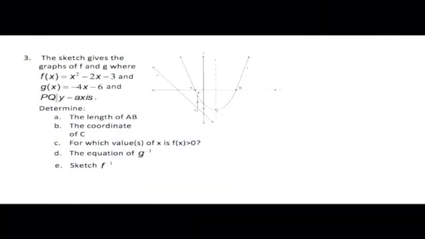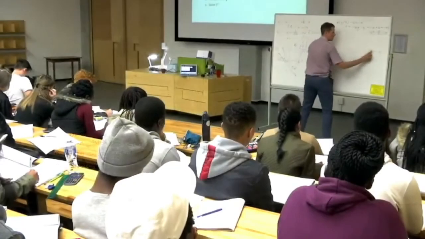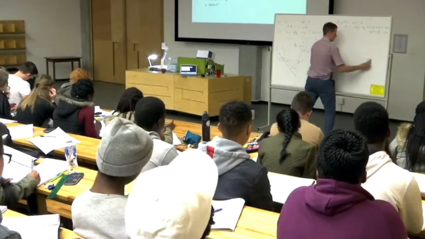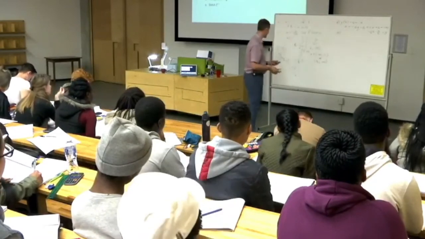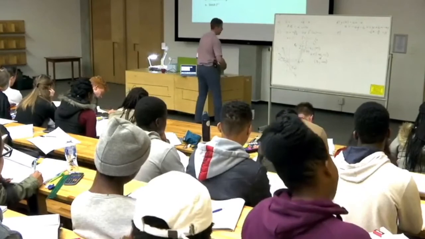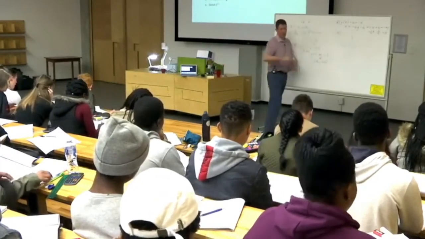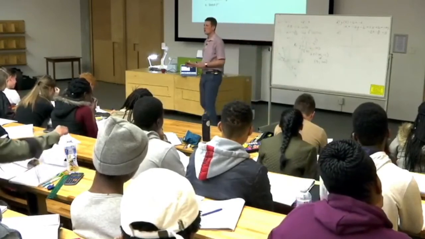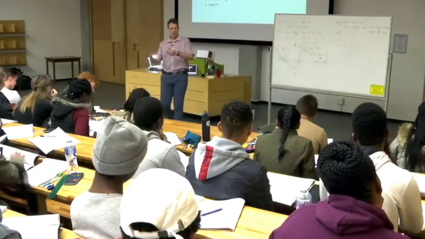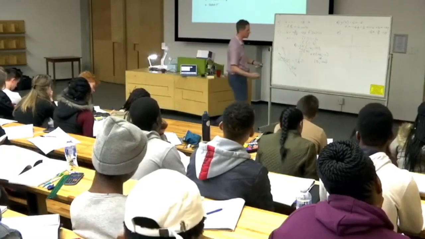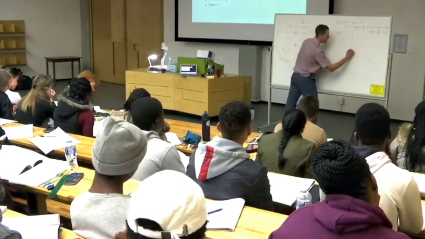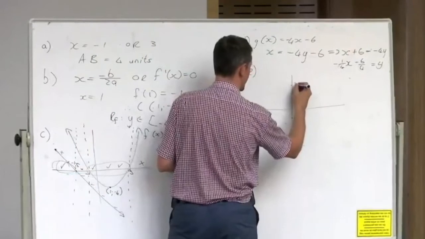Now let's look quickly at E. Again, ladies and gents, a lot of you want to determine the equation of f to the negative 1. You don't have to, because I only ask you for a sketch of the inverse. So in other words, all I'm going to do is swap all the x's and y's around. So my x-intercepts are going to become my y-intercepts. My y-intercept is going to become my x-intercept. So it goes through negative 1 and 3.